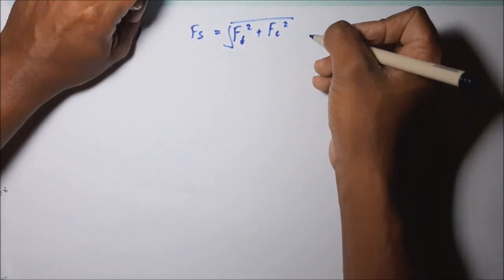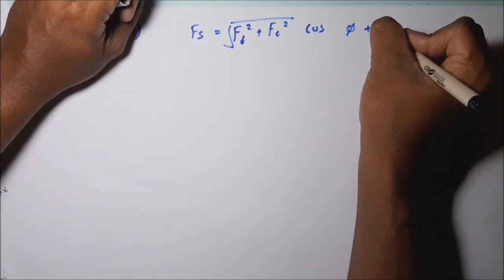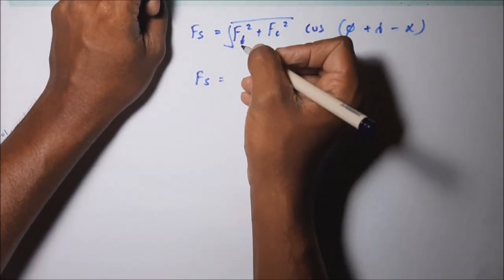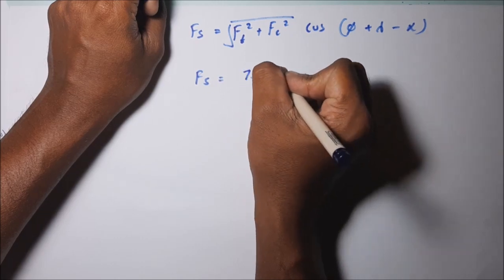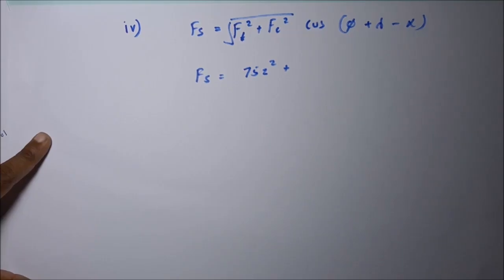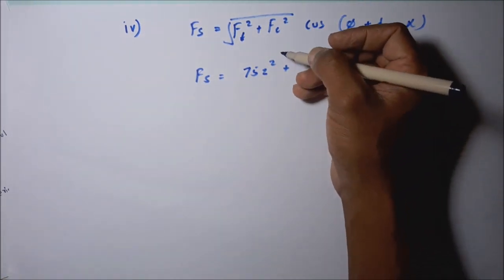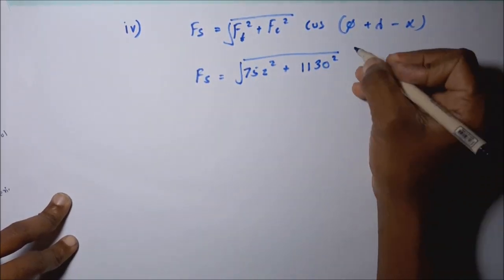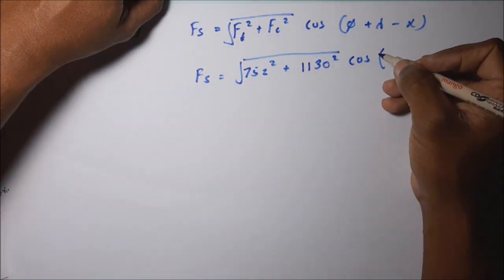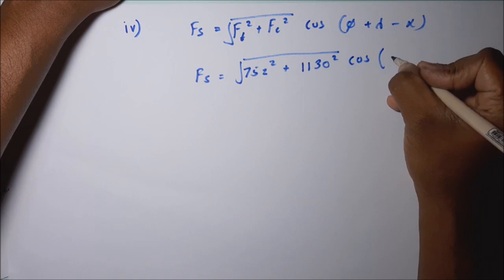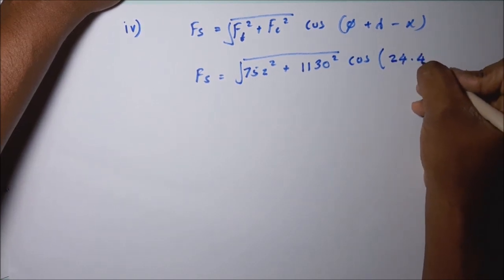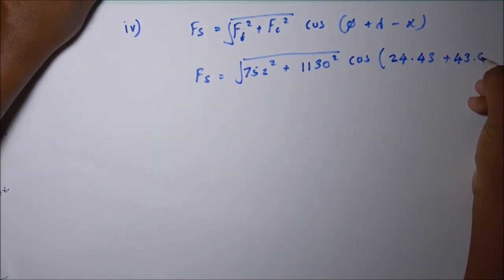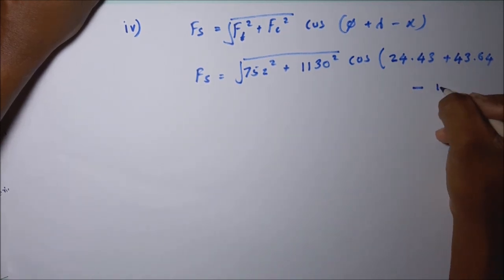Then Fs is equal to the square root of 752 square plus the cutting force 1130 square, cos(phi, which we obtained as 24.43, plus lambda 43.64 minus alpha 10 degrees).